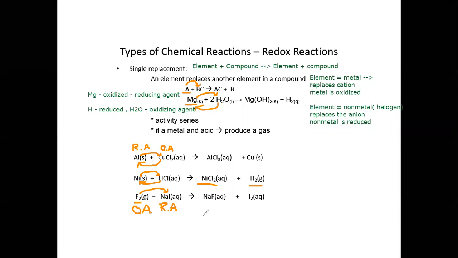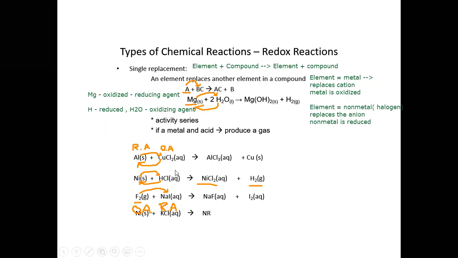And so for halogens, the more active halogen is higher up on group 17. So fluorine is the most active halogen, iodine is the least active halogen. And then lastly, we have nickel plus KCl. Now this is no reaction because potassium is more active than nickel, so no reaction will occur.